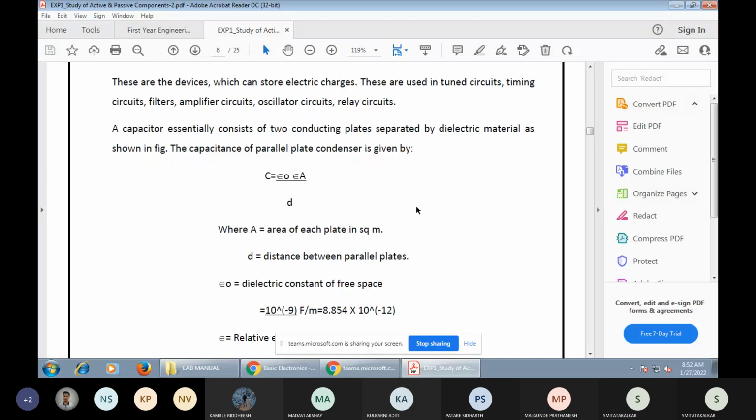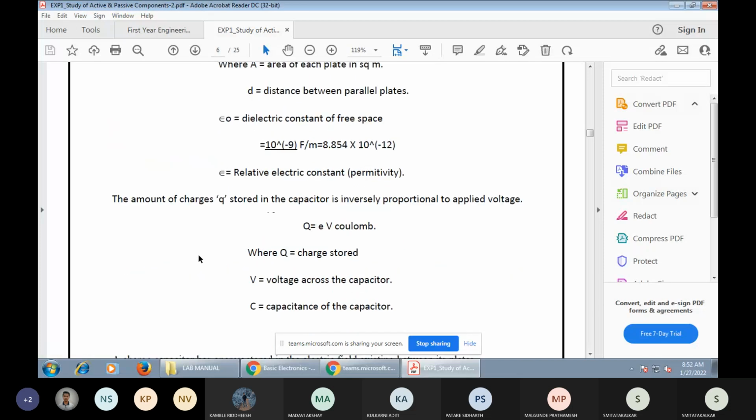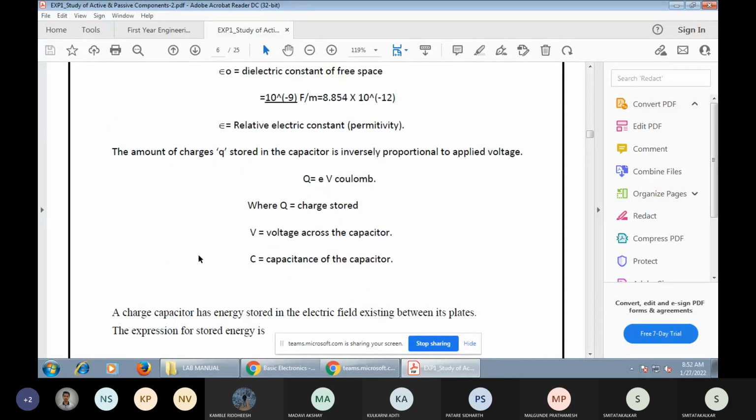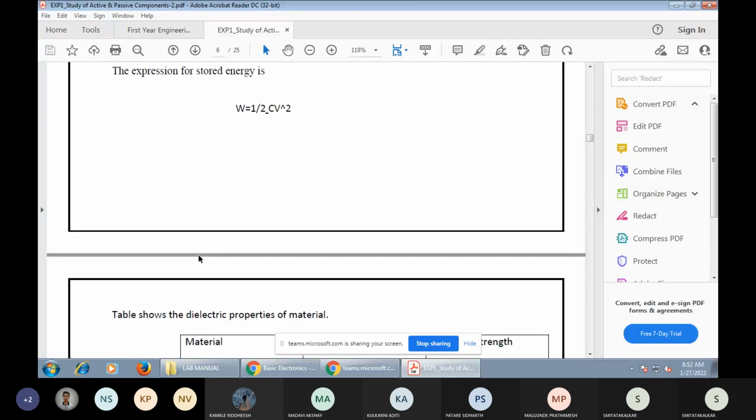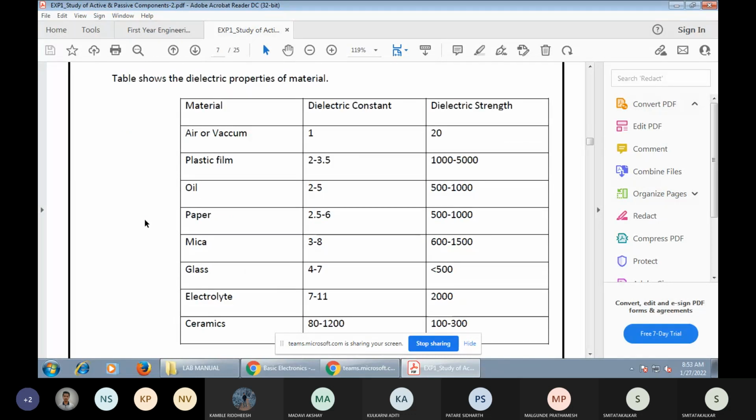Capacitor is related to the charge because it stores electrical current. It is directly proportional to the dielectric properties, like the unpolarized or polarized property. Unpolarized ones are like oil, paper, mica, glass.